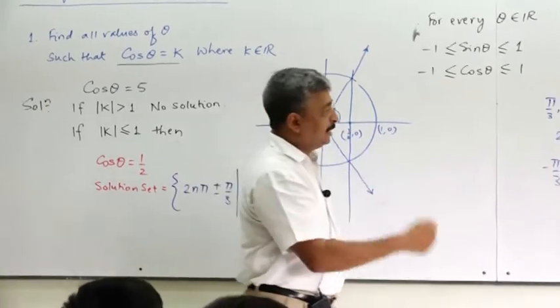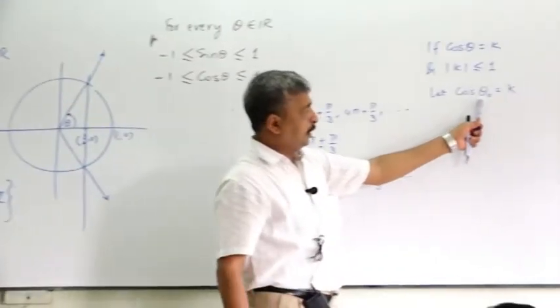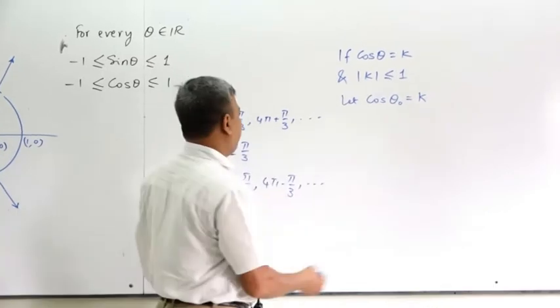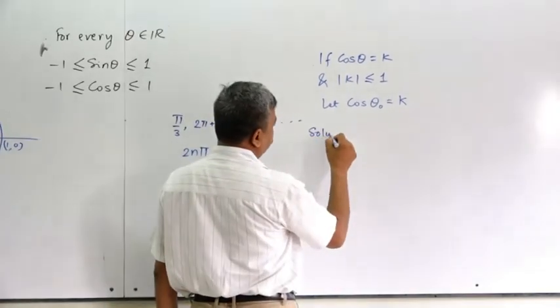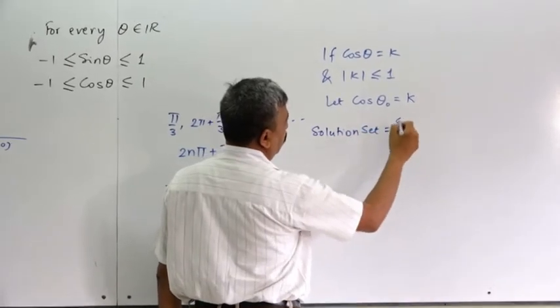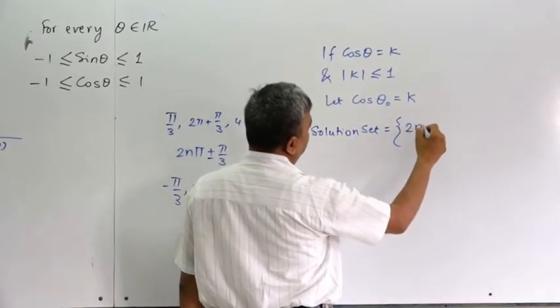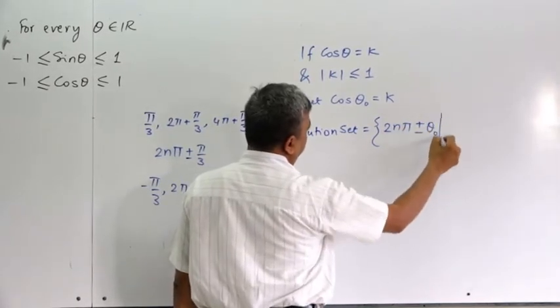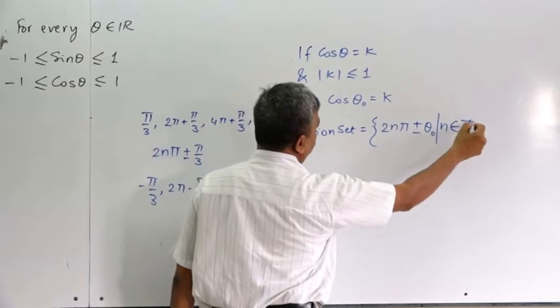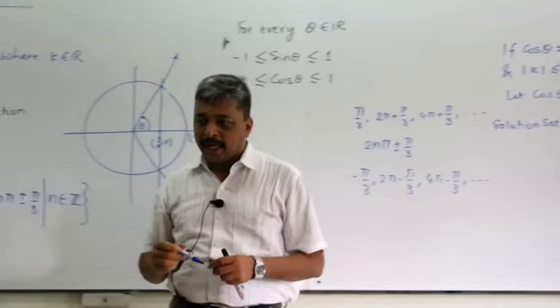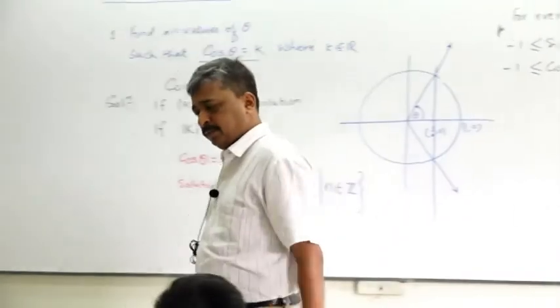Let one of the rays have measure equal to theta naught, so cos theta naught is equal to k, and therefore the solution set will be 2n pi plus or minus theta naught, where n belongs to Z. So this is the general solution of cos theta is equal to k.